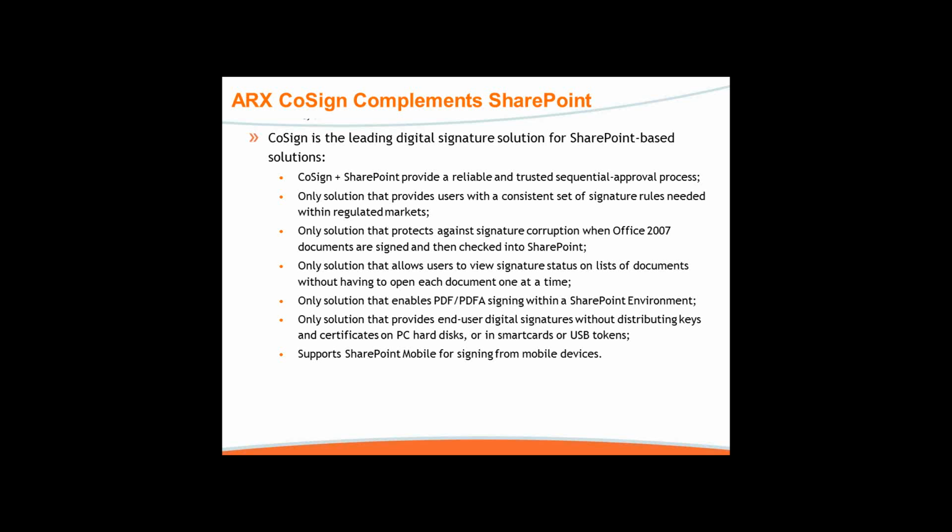It allows users to view signature status within lists of documents without having to open those documents one at a time. It enables PDF and PDF-A signing within a SharePoint environment. And the solution provides end-user digital signatures without distributing keys and certificates on PC hard disks, smart cards, or USB tokens, and supports Microsoft Mobile for signing from mobile devices.